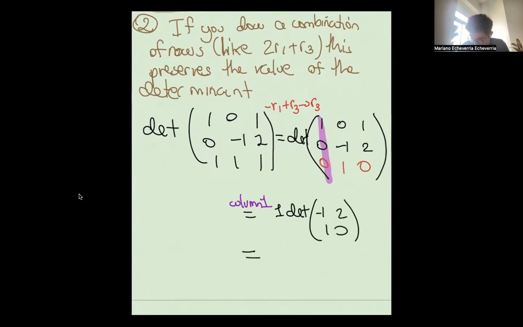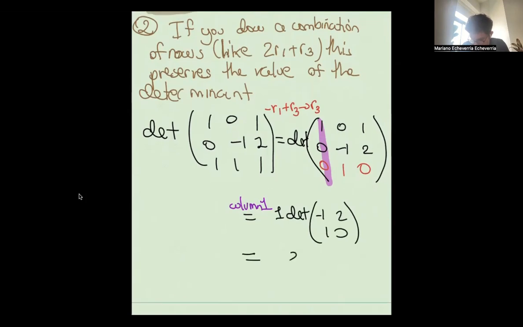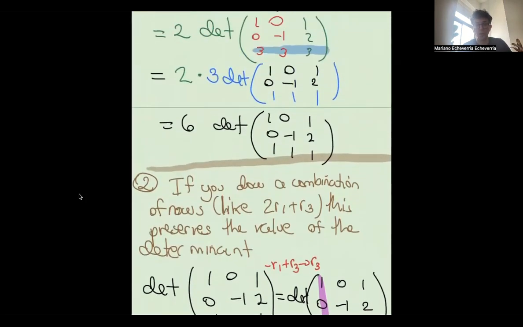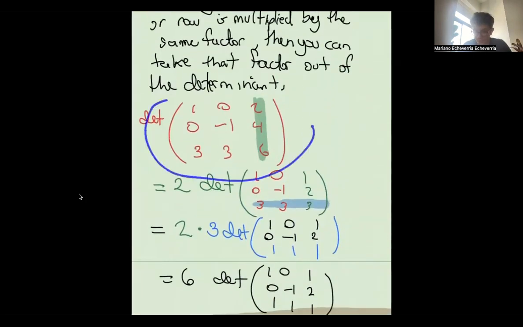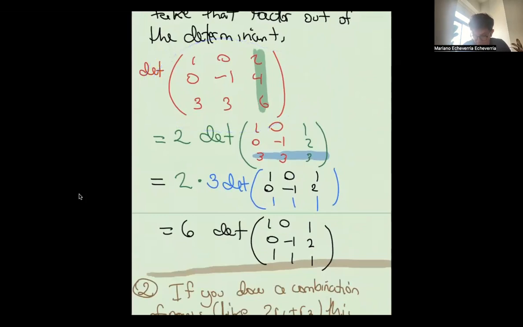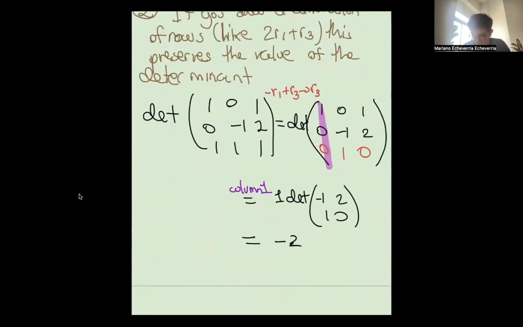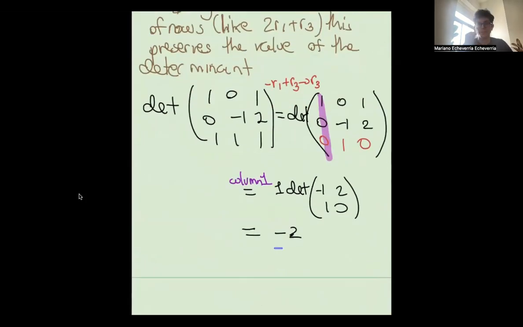And that one is easy. This determinant is just negative 2. Is that okay? Since this one was negative 2, the original matrix I started with in this example is 6 times the determinant, so the original one would be negative 12.